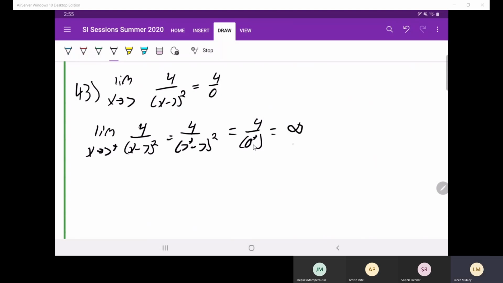Four over 0 plus, which is a number slightly bigger than 0, meaning it's positive.